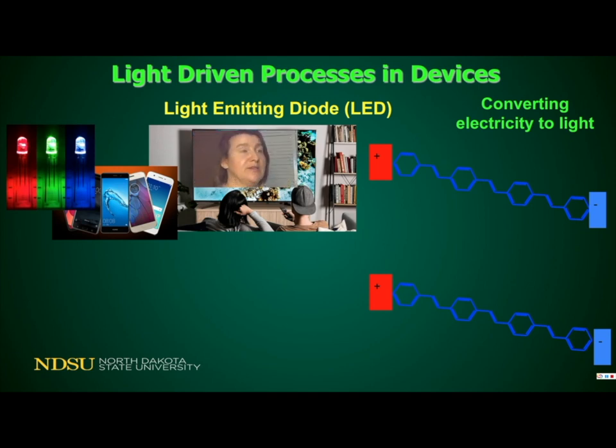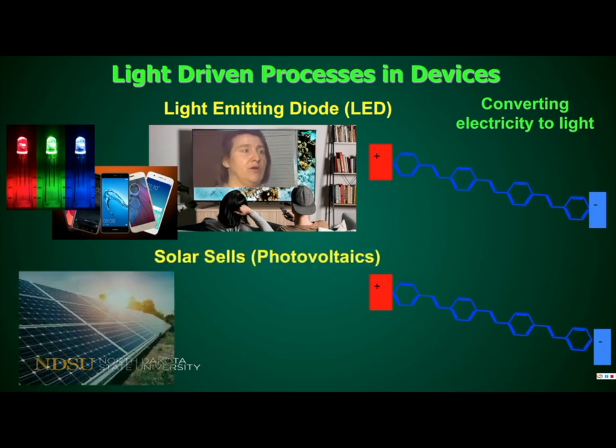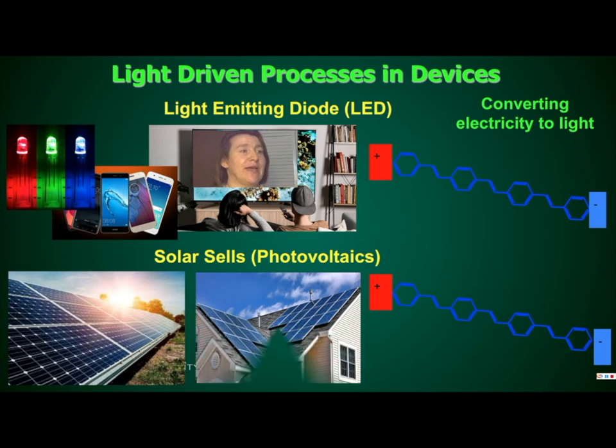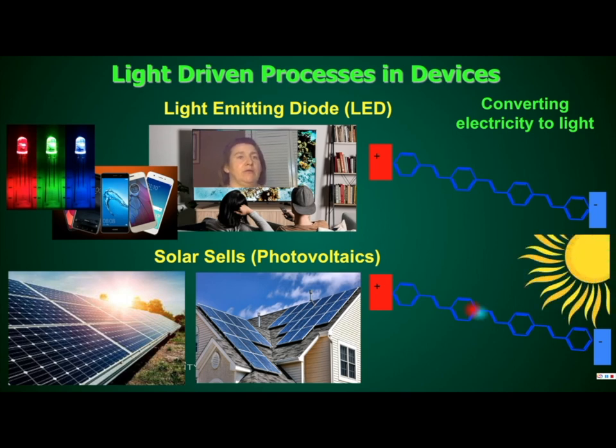There is another class of materials, photovoltaic materials or photovoltaic devices, solar cells in particular, where the interaction between matter and light is kind of the same as I discussed before, but goes in the opposite way, which means that first we need to shine light, for example, the light from the sun, which creates an electron-hole pair in the conducting material.